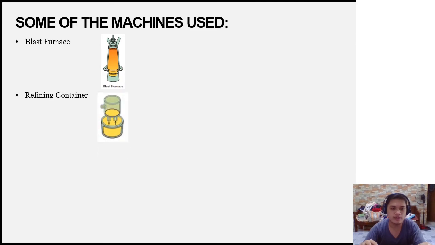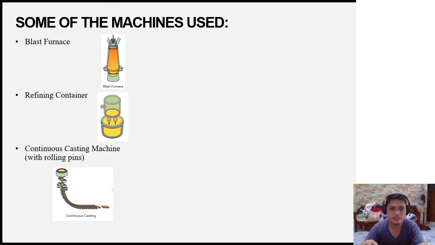Next, refining container. This is how it looks like. This is where we refine the liquid mixture of the raw materials processed in the blast furnace, able to extract all the unwanted materials from the raw materials. So next is the continuous casting machine, and this is how it looks like.